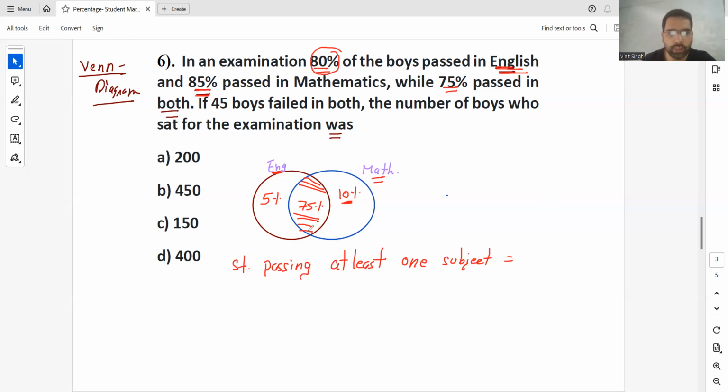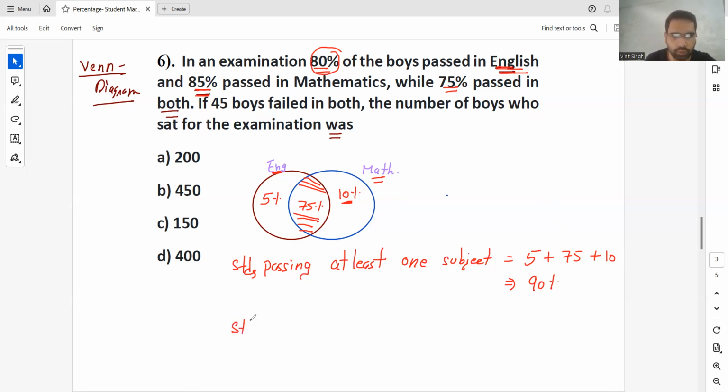So students passing at least one subject is equal to 5 plus 75 plus 10. 5 plus 75 is 80, 80 plus 10 is 90%. So 90% of students passed in at least one subject.